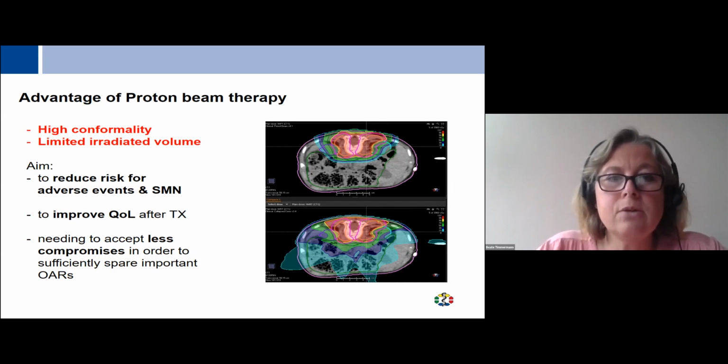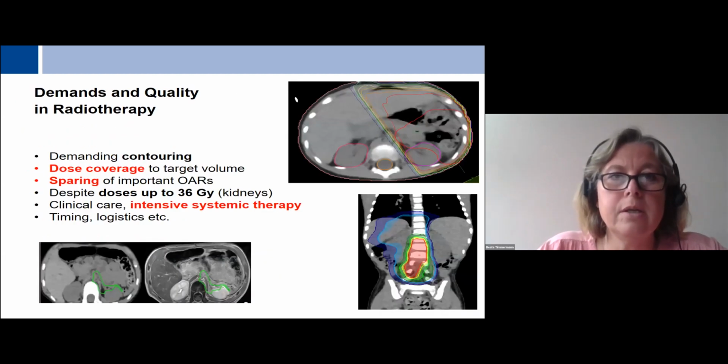We may need fewer compromises in order to sufficiently cover the target while also sparing important organs at risk. There are high demands on quality in radiotherapy for neuroblastoma. We have demanding contouring. We have to find ways to have good dose coverage of the target volume.